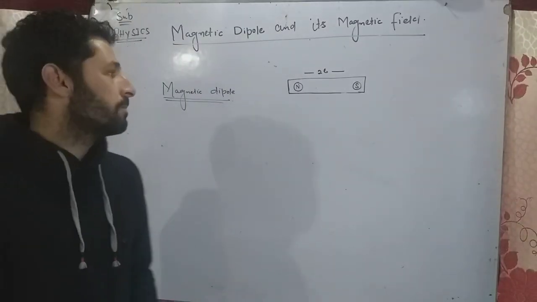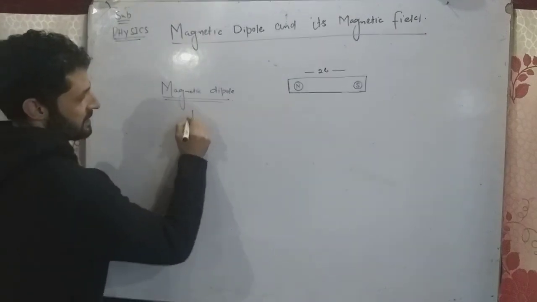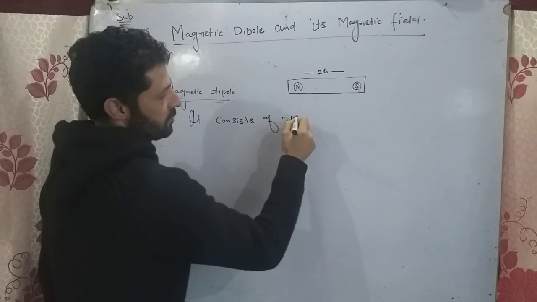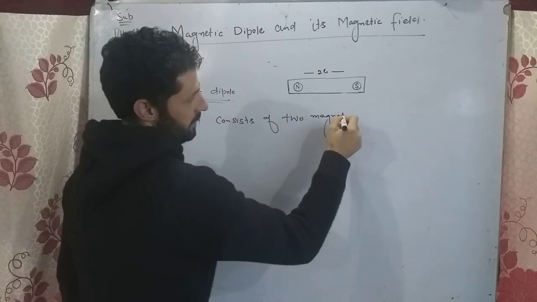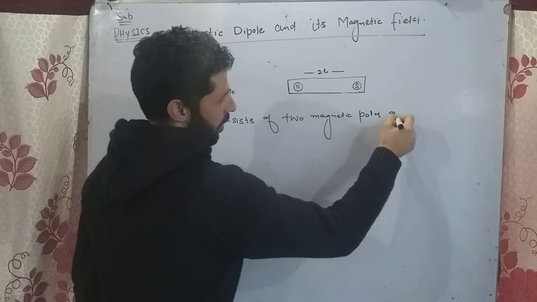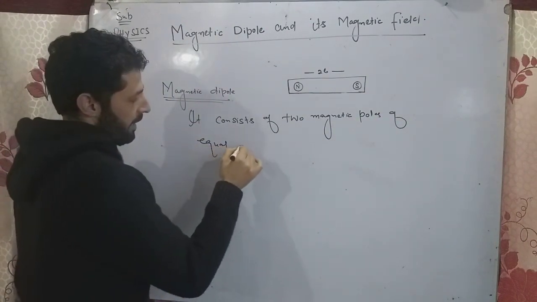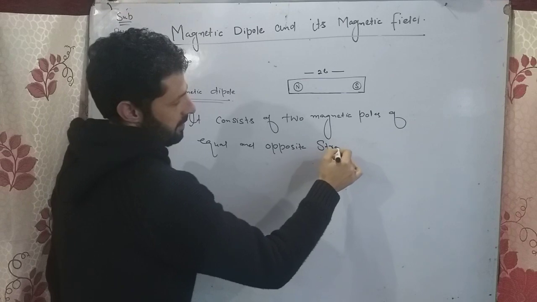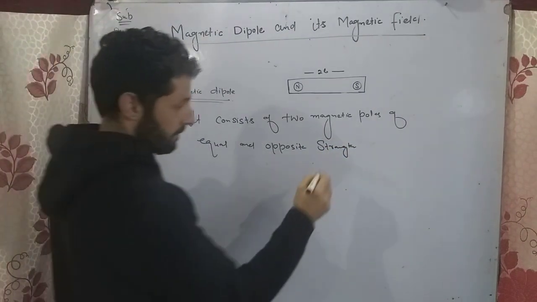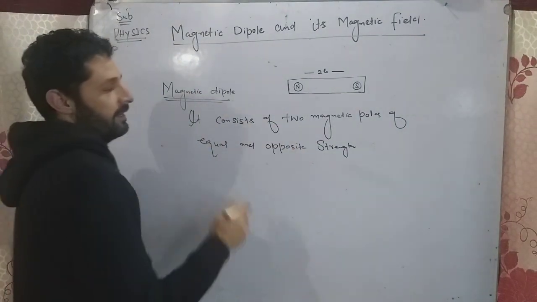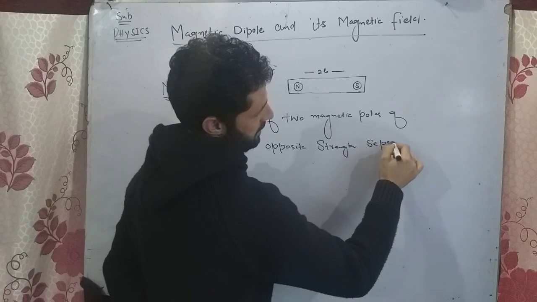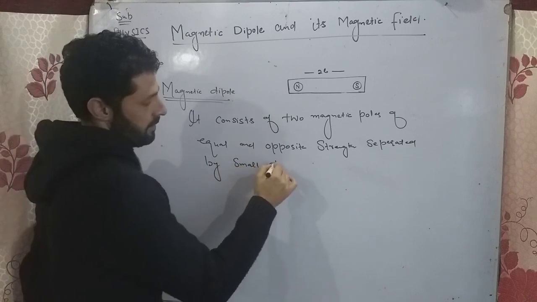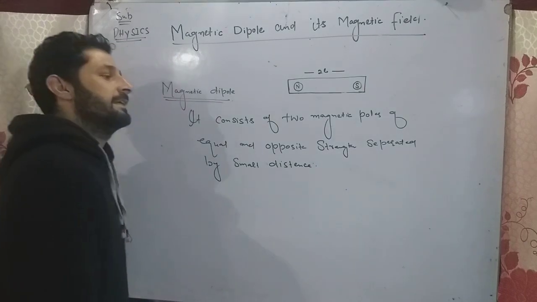So a magnetic dipole, for example a bar magnet, consists of two magnetic poles of equal and opposite strength, separated by a very small distance, that's taken as 2l.